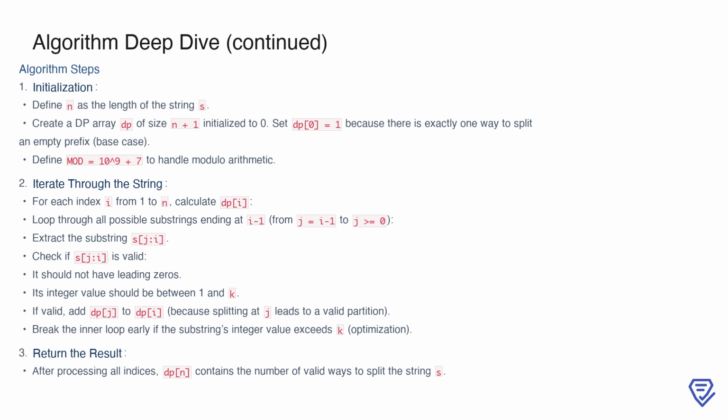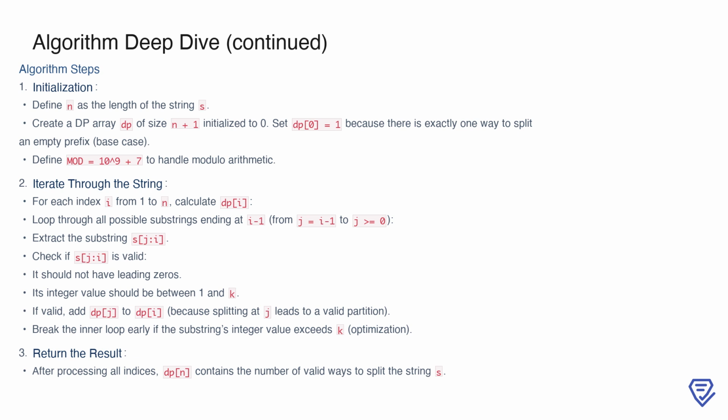Next, we iterate through the string. For each index i from 1 to n, we calculate dp[i] by examining all possible substrings that end at position i-1. Specifically, for each potential starting point j, we extract the substring s[j..i] and check if it is valid. A valid substring must not have leading zeros and its integer value must be within the range from 1 to k.